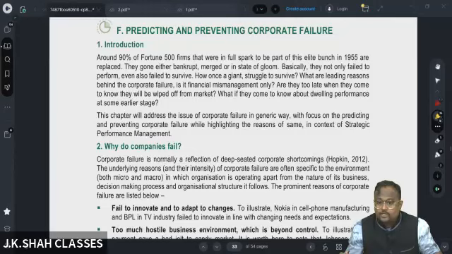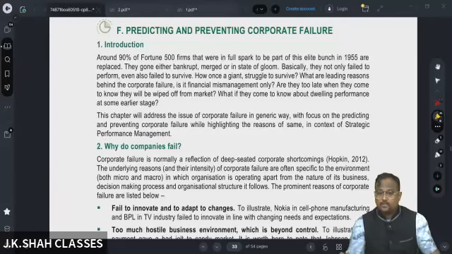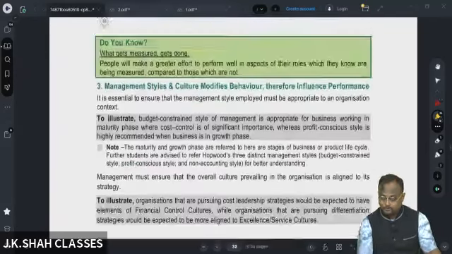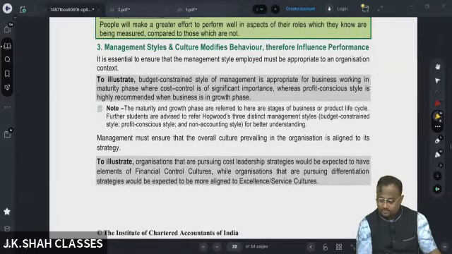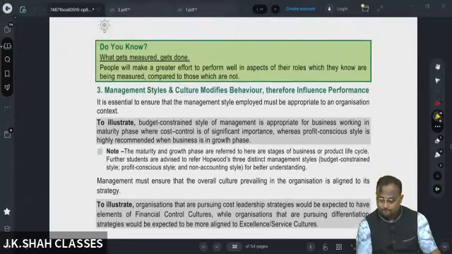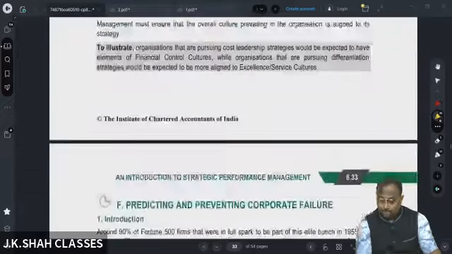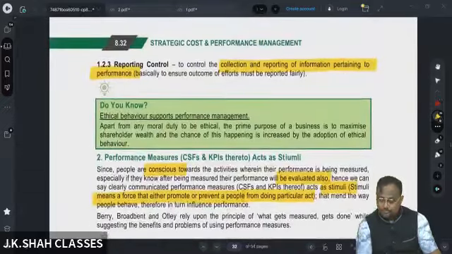What is non-accounting style of business management? Where is it? Can you please tell me the page number, Moksha?